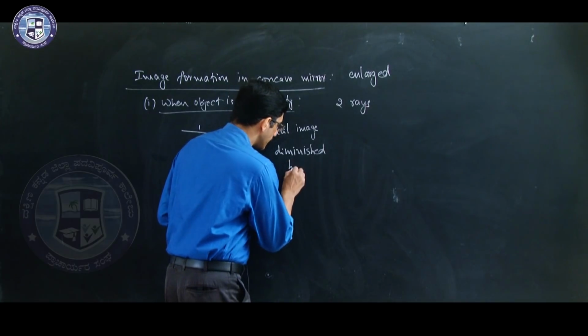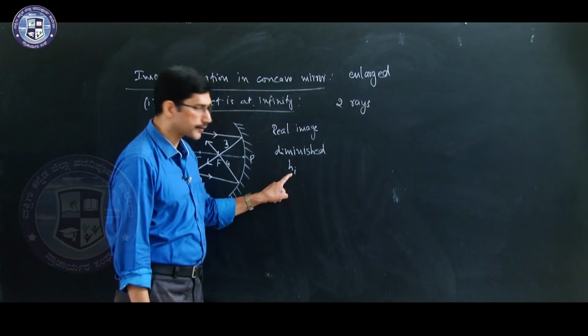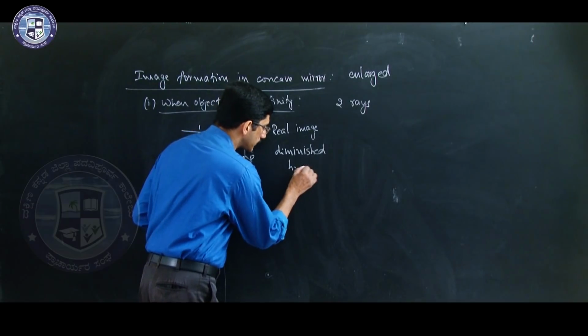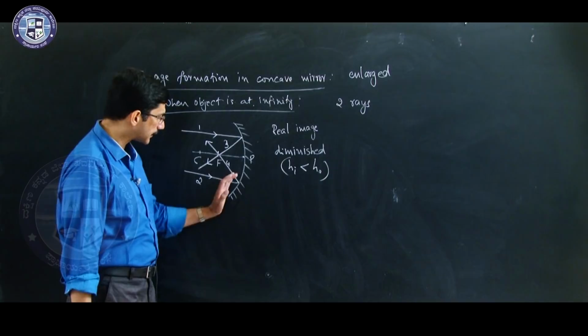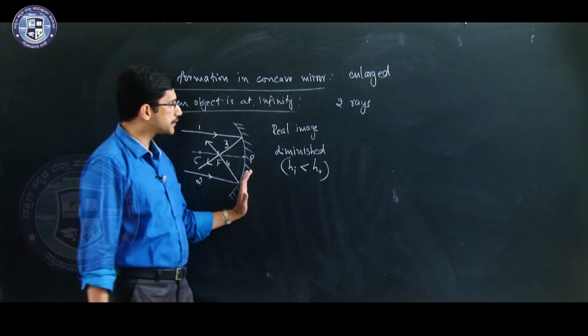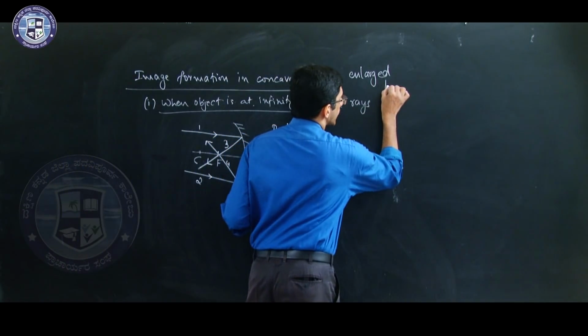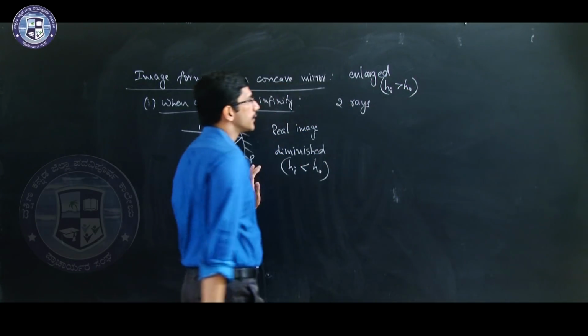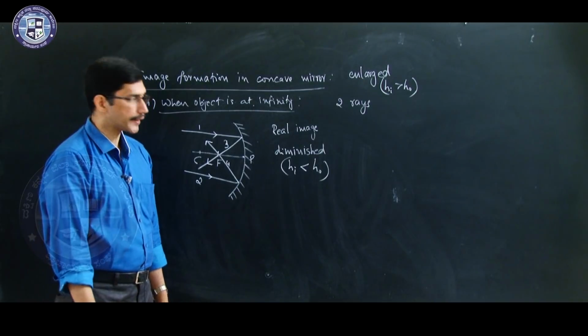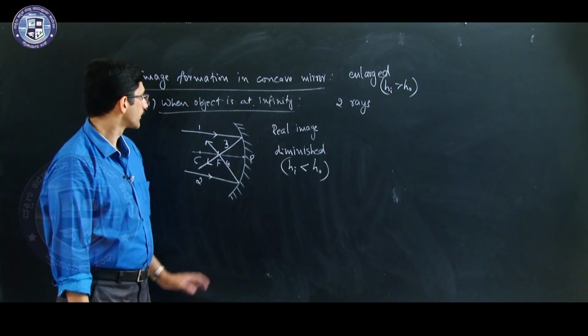So, here the height of the image, which I represent by hi, is less than the height of the object, so the image is diminished. And suppose the height of the image is greater than the height of the object, then the image is said to be enlarged.